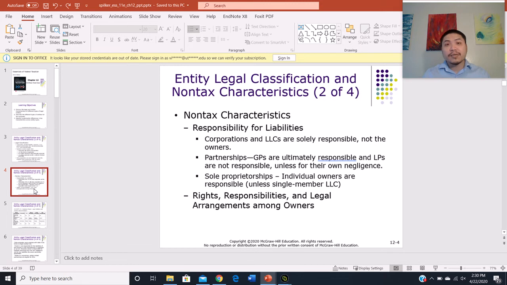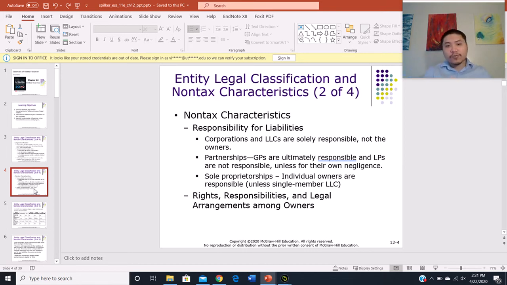From the liabilities perspective, the investors, the shareholders don't have to assume the liabilities of the company, right? However, the good thing about an LLC is that it allows the investors a flexible way of arranging the legal matters among themselves.